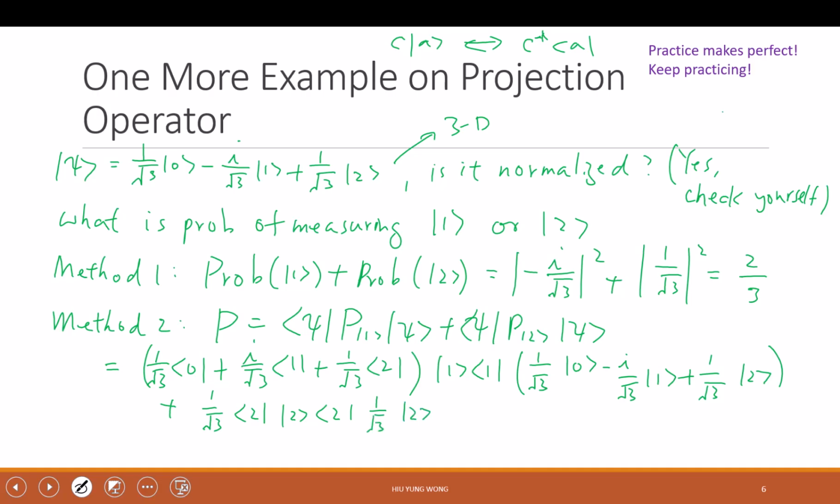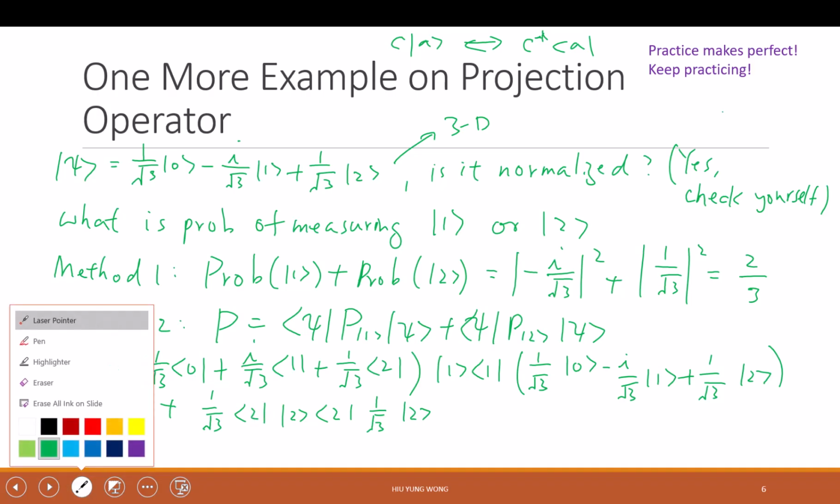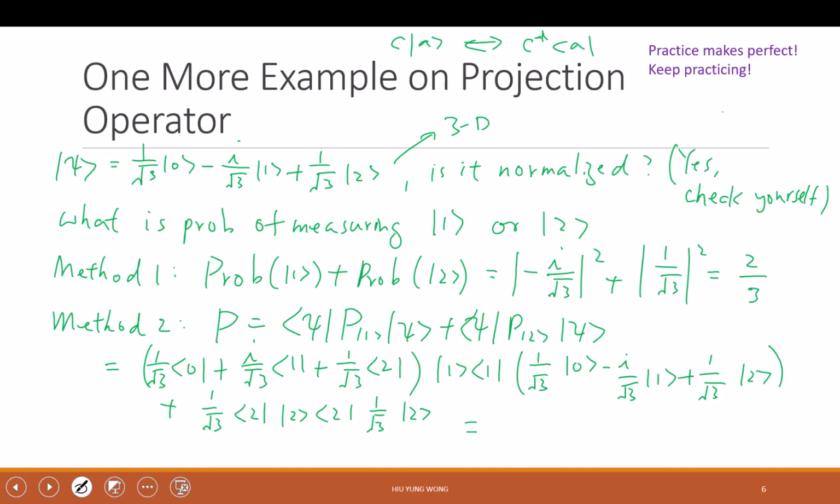So I try to jump the step. Instead of writing this down, I already know that only the 2 term will be kept, so I just put 2 here, and same for the bra. So the rest, just do the math. Of course, you will get 2 over 3 overall.